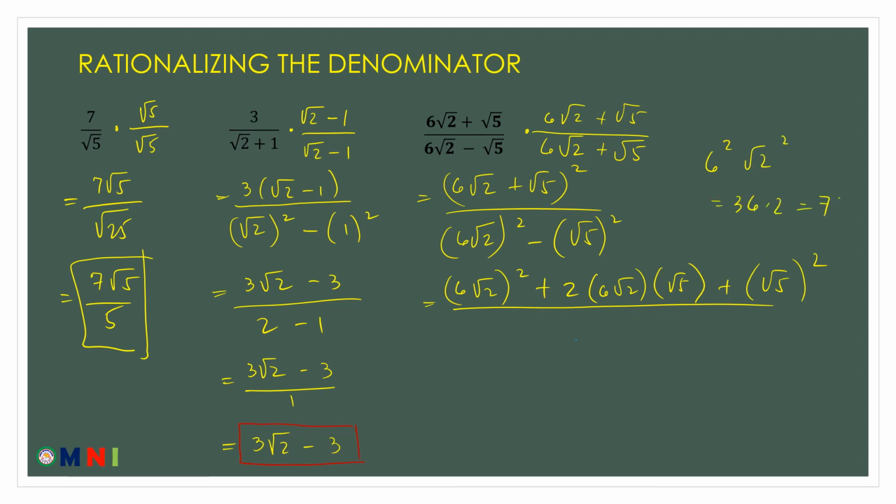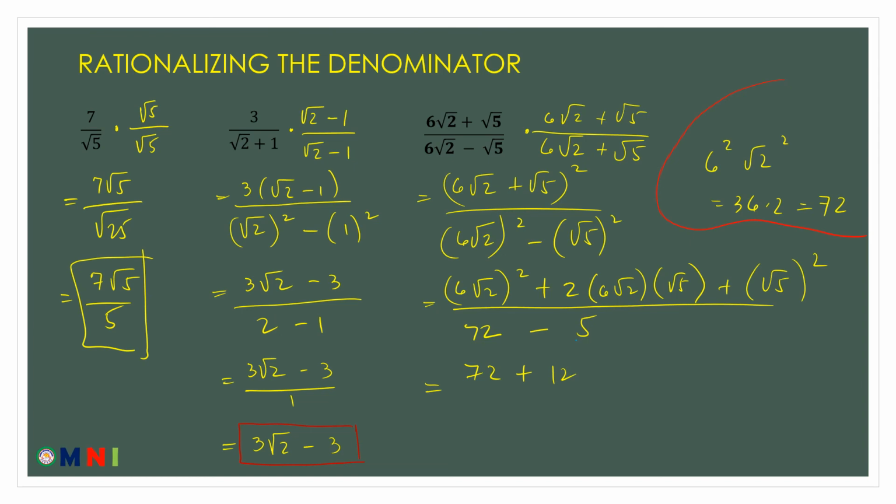So that equals 36 times 2, which is 72. Okay, so that's why what we will get here is 72 minus 5, because square root of 5 squared is 5.